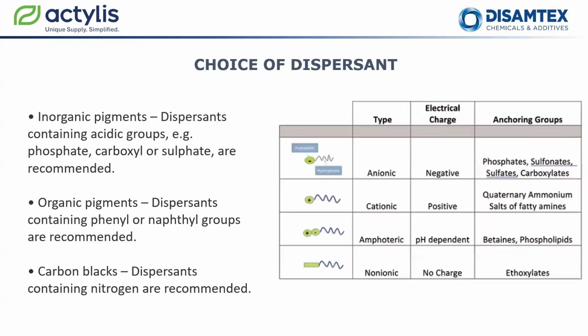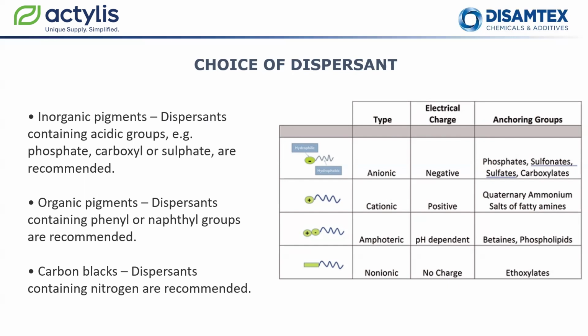So check how dispersant selection depends on pigment chemistry. Inorganic pigments interact best with dispersants containing acidic anchoring groups such as phosphates, sulfates, carboxylates. Organic pigments require dispersants with aromatic groups like phenyl or naphthyl to ensure strong surface affinity.